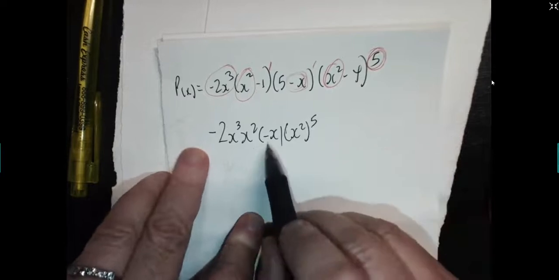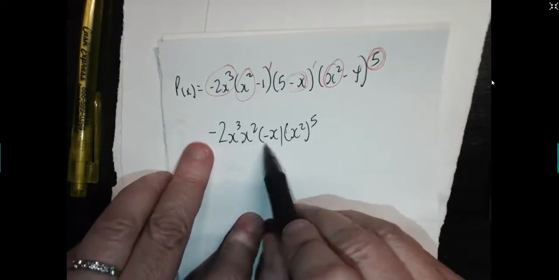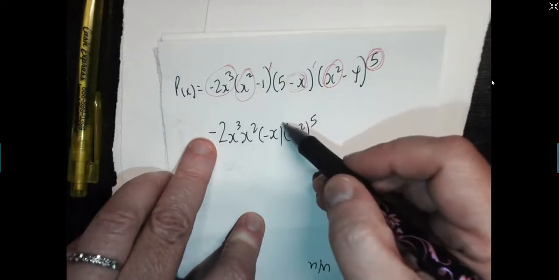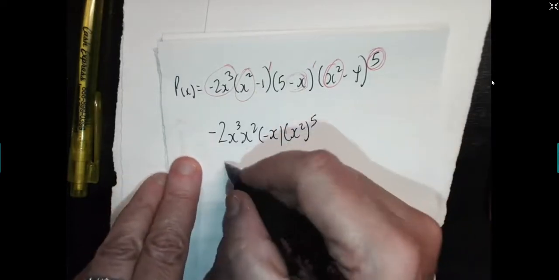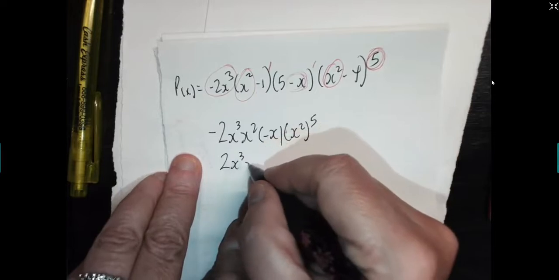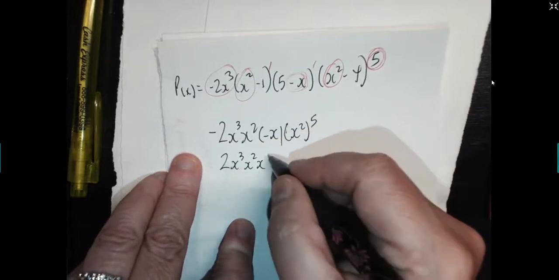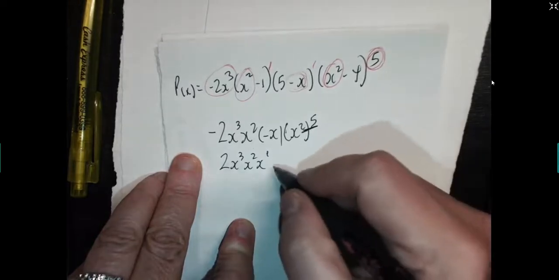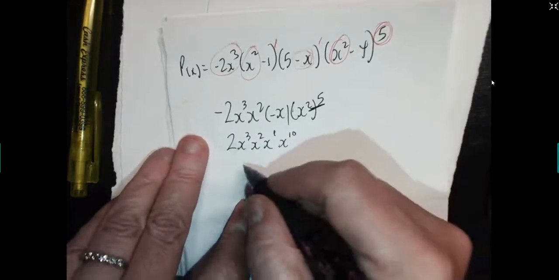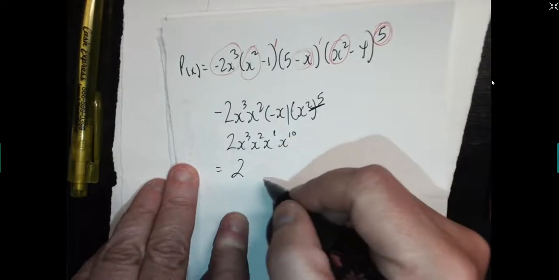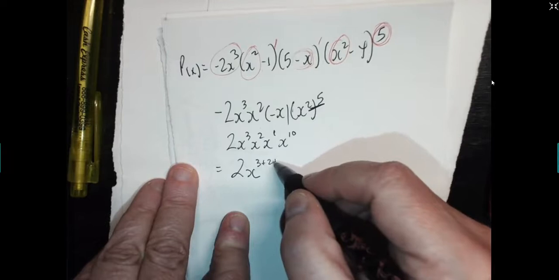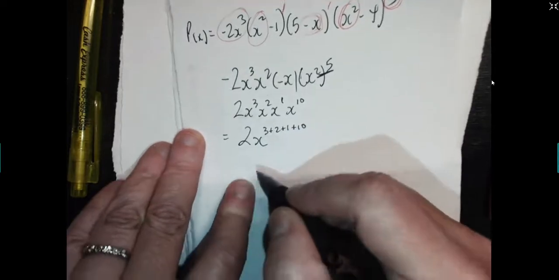All right, so this is all a product, so these two negative signs are going to cancel each other out because it's not raised to any powers, just to the 1st power. And the rules say we multiply that, so that'll be x to the 10th. And now the rules say that this is going to give me positive 2 times x to the 3 plus 2 plus 1 plus 10.